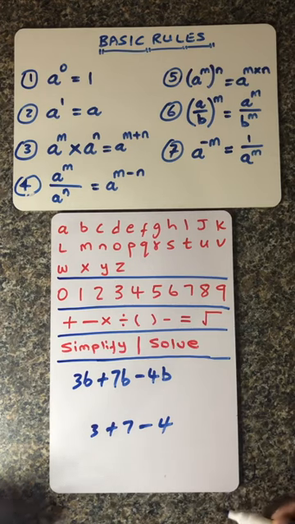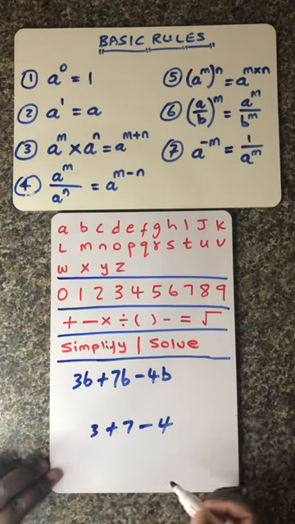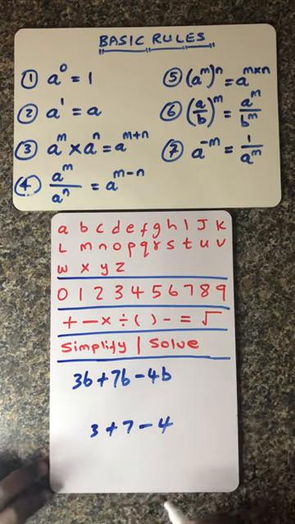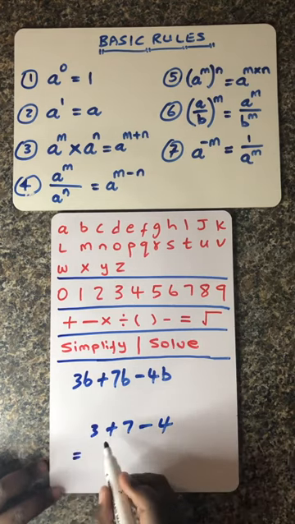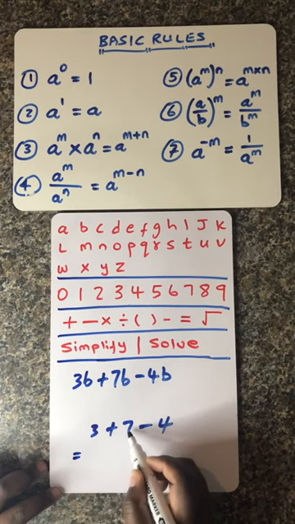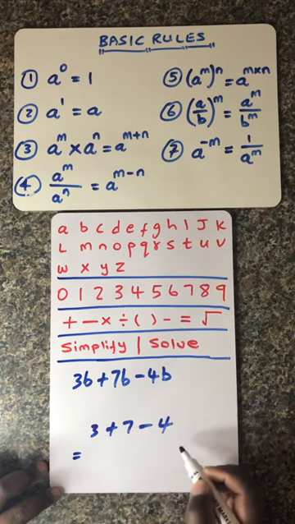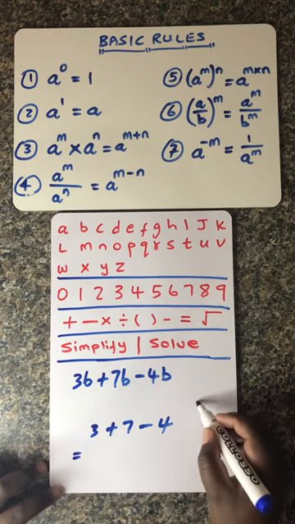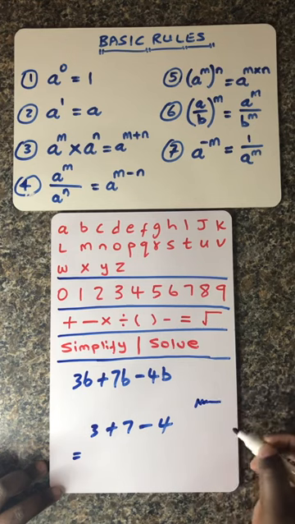Because this is an expression, it means I can simplify the whole of this. How do you simplify? Can you punch 3 on a calculator? Yes. Can you punch 7? Yes. Can you punch 4? Yes. So you can only punch numbers on a calculator.